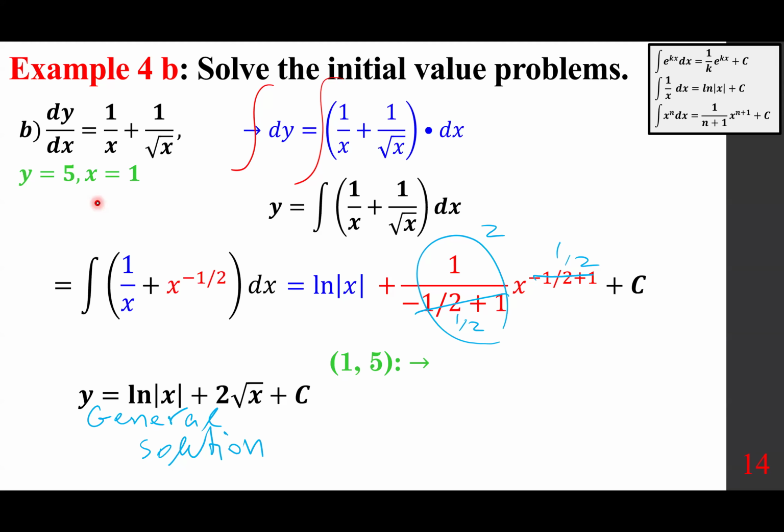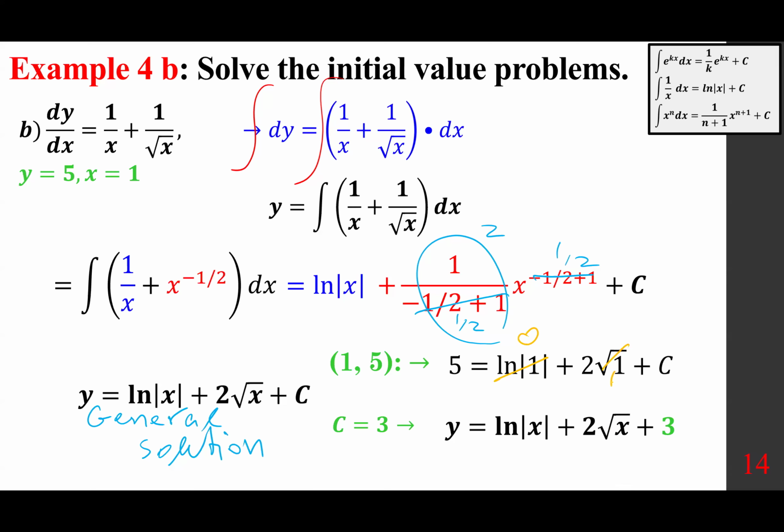So we are going to plug in x equals 1 and y equals 5. This is 0. This is 1. So 2 plus c is 5. C becomes 3. y becomes ln of absolute value of x plus 2 square root of x plus 3. And this is one of those general solutions, a particular solution.